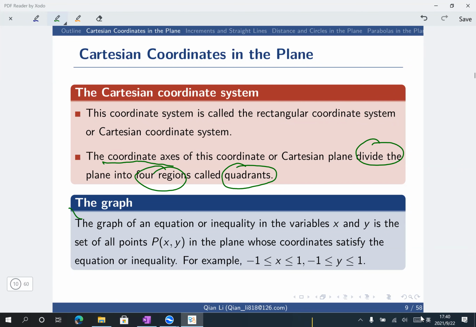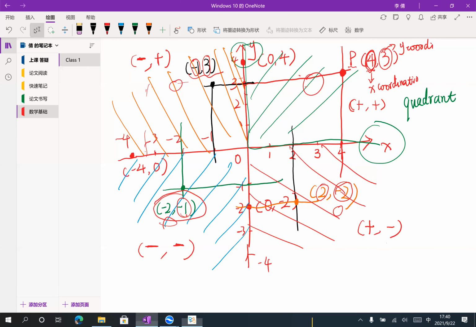Then we see the graph. The graph of an equation or inequality in variables x and y is a set of all points P in the plane whose coordinates satisfy the equation or inequality. Let's see some examples.